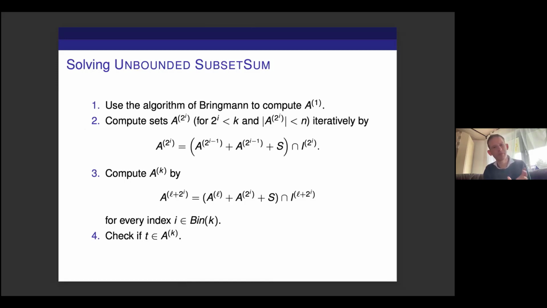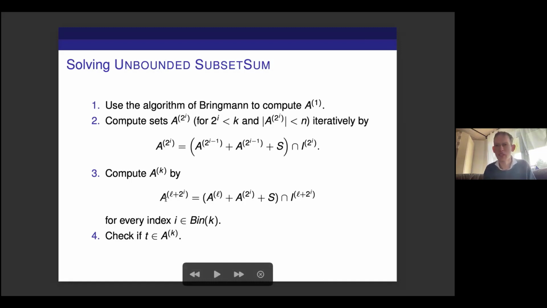we can make use of these feasibility sets in a clever way. So the idea is to only compute the feasibility sets that are powers of 2. And having those feasibility sets, then we can compute any other one. So the feasibility set that we would like to know is the one that contains our target value of interest. Let's call it AK.